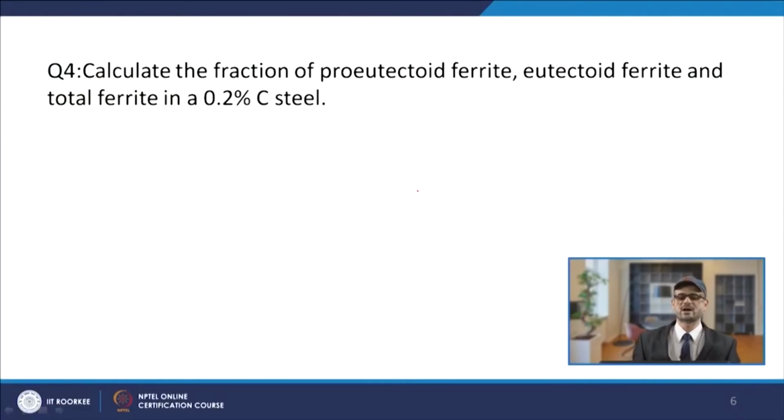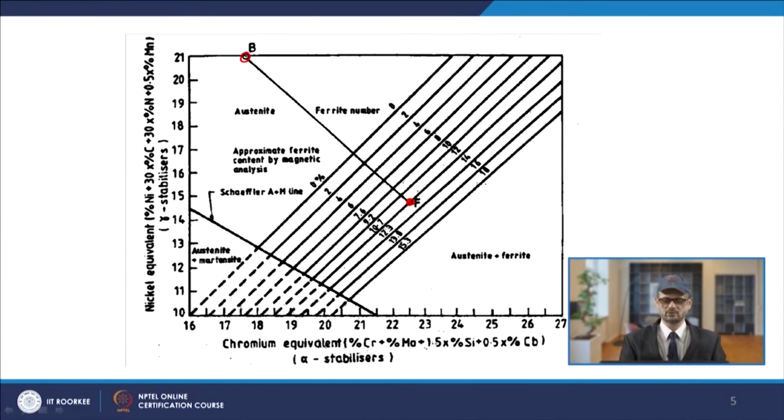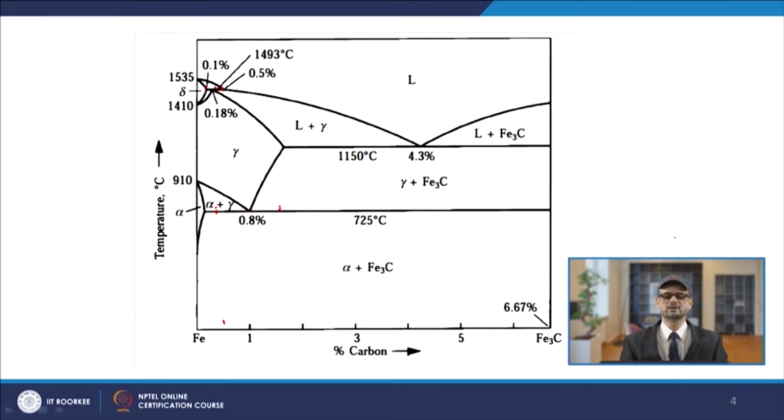Next we may have another question: calculate the fraction of proeutectoid ferrite and total ferrite in a 0.2% carbon steel. If you talk about 0.2% carbon steel, you go to the iron carbon diagram and come to this point.